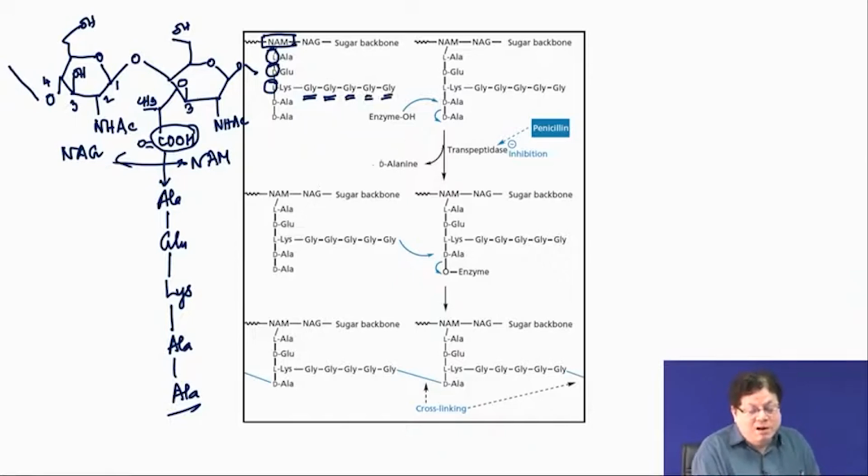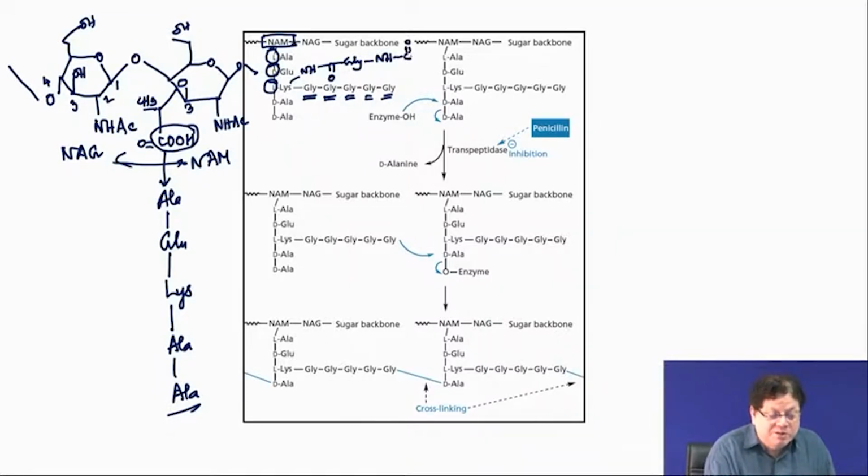Okay. So, what is the end point here? Is it the N terminus or C terminus? That we have to be clear now. See, this is your lysine ends up with NH, then you have a glycine. So, NHCO glycine, then glycine ends up with NH2, that is attached to another glycine. So, NHCO. So, if that be the case, you can say that it ends up with an amine.